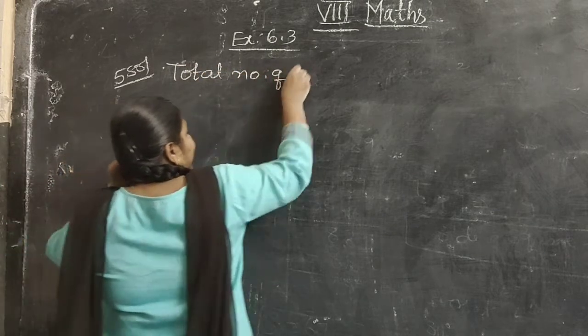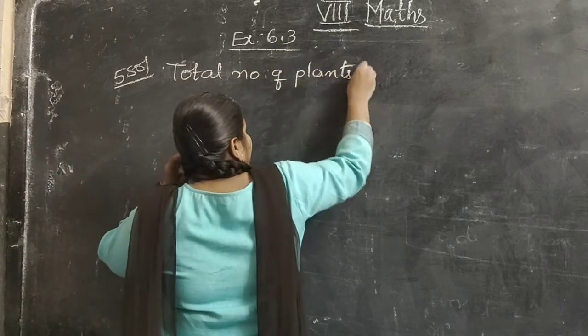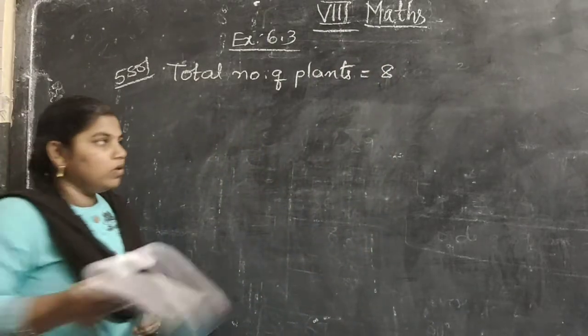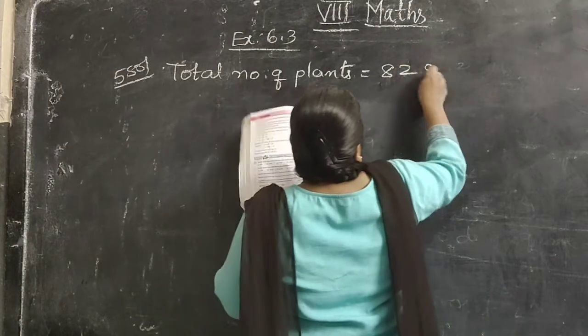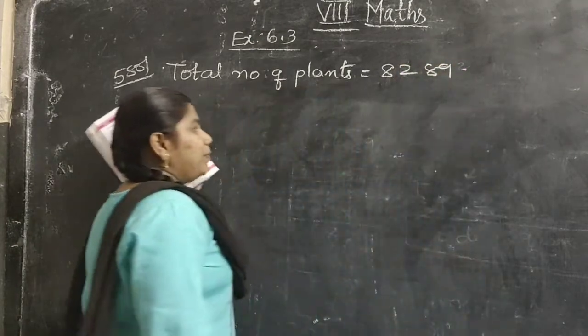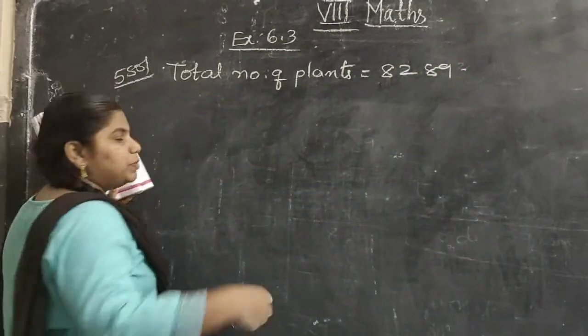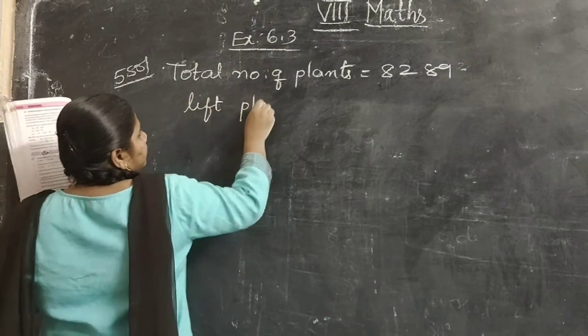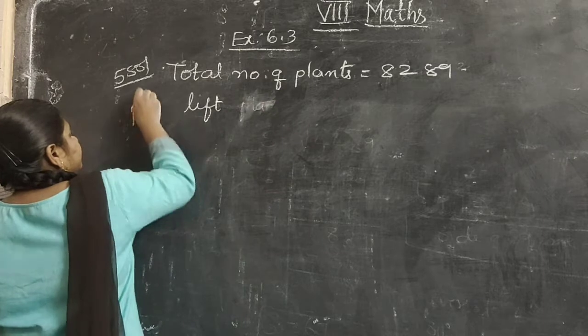The total number of plants is 8,289. And after planting all the plants, how many plants have been left? There are 8 plants left.